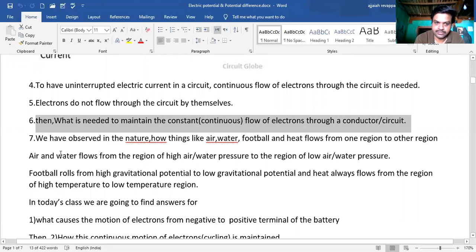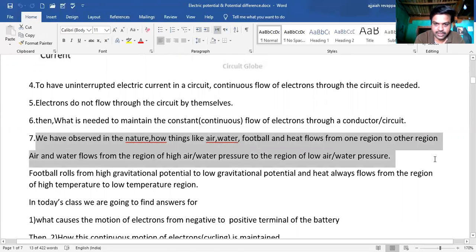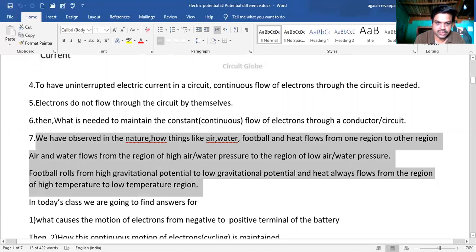What is that? Next, we observed in nature the motion of different objects. We took a few examples in the previous class and learned how things like air, water, football and heat flow from one region to another.